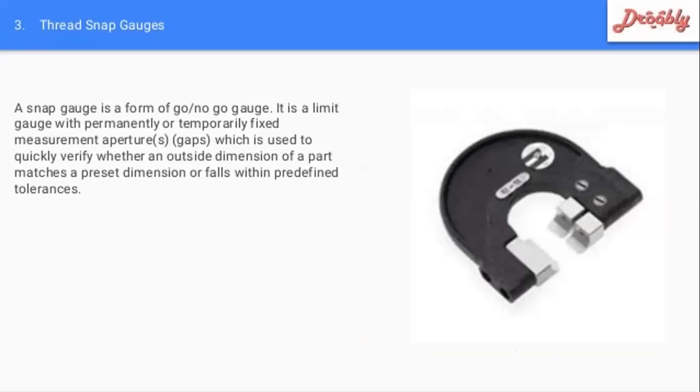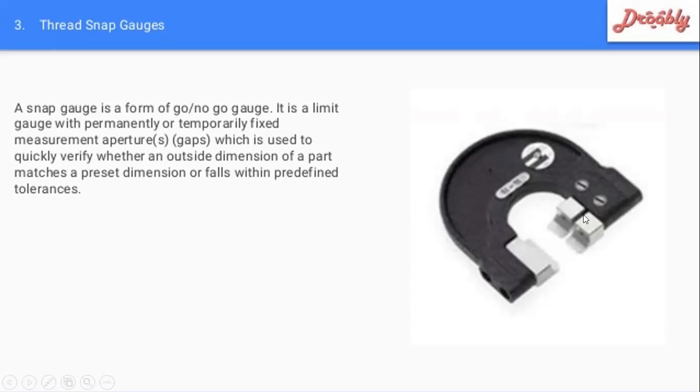Next one is the thread snap gauge. A snap gauge is a form of go and no go gauge. This snap gauge also consists of two gauges, that is the go gauge for the maximum width and no go gauge for the lower limit.